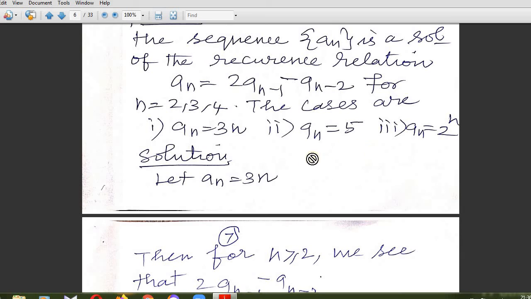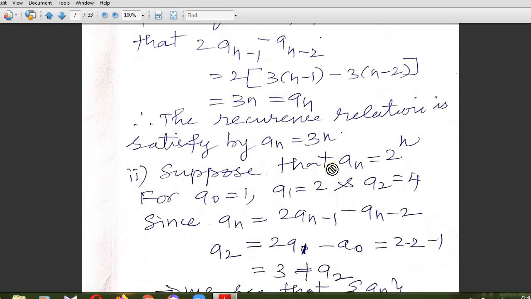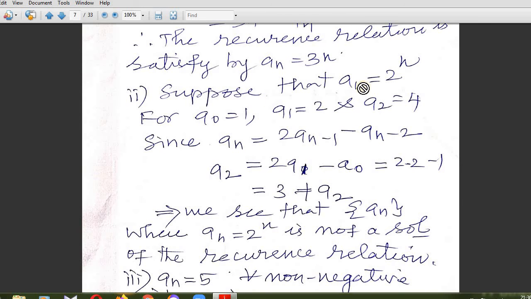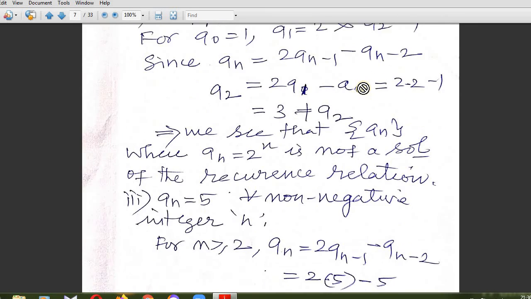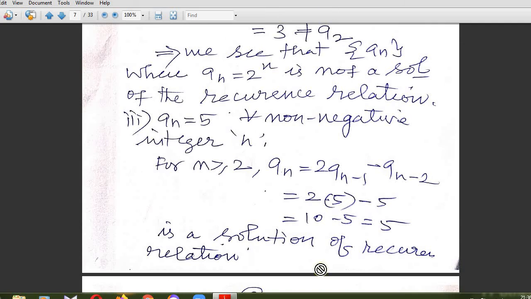Now let us take a_n equals 5, a constant one. Whether this is a solution for this or not, we will check. Now take this one: a_n equals 5 for all non-negative integers n.